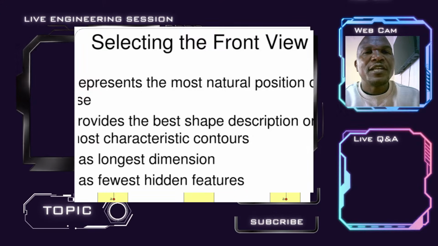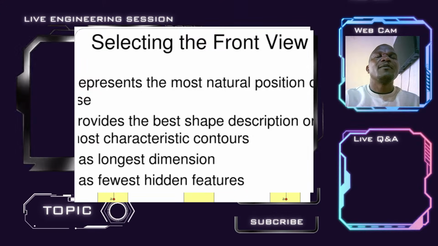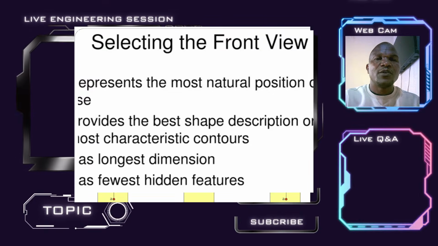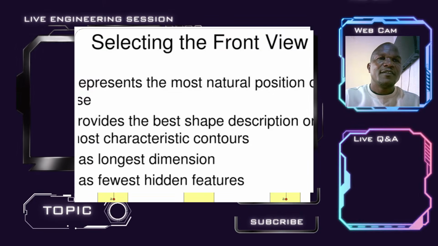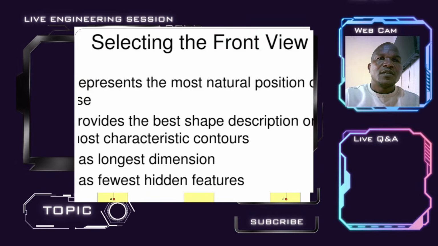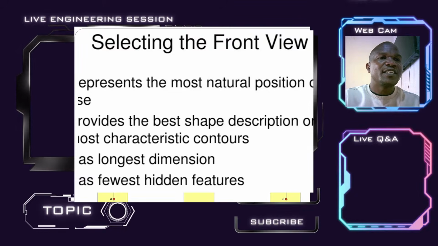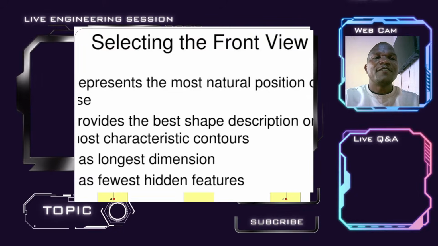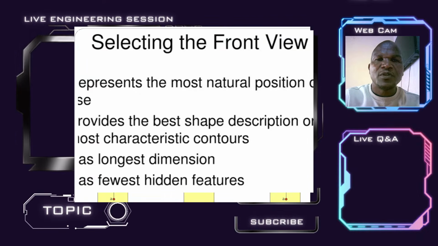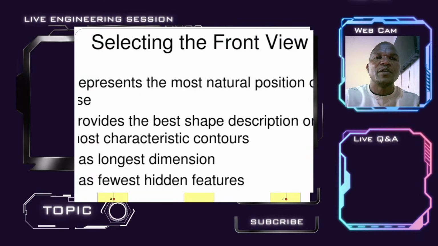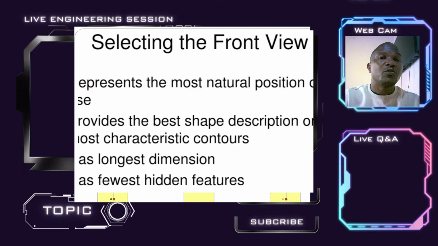Now I want to talk about some of the very basic things you've got to consider when selecting a front view. First of all, it should provide the best shape description, where most of the characteristics of the contours are visible in the front view.